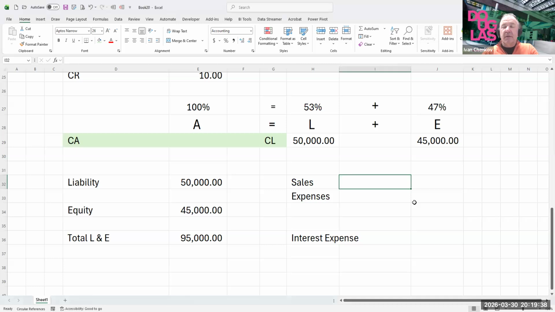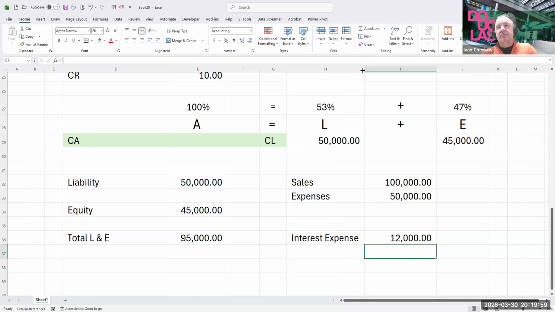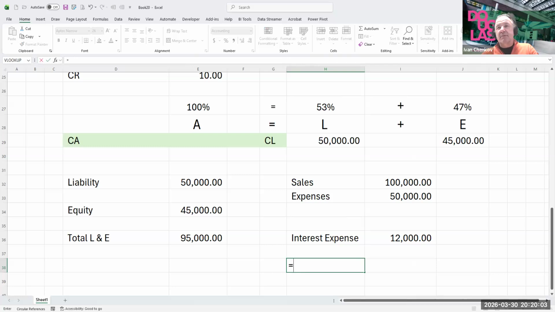So let's say my sales are 100,000. My total expenses are 50,000. And my interest expense itself is 12,000. So what is my times interest earned ratio? That's how many times my operating income can pay my interest expense.